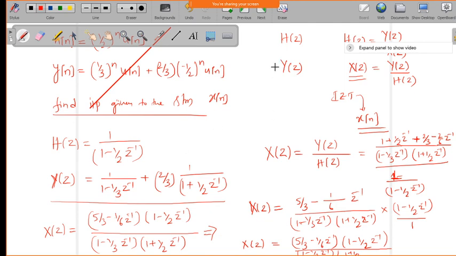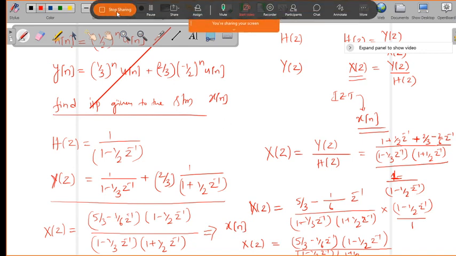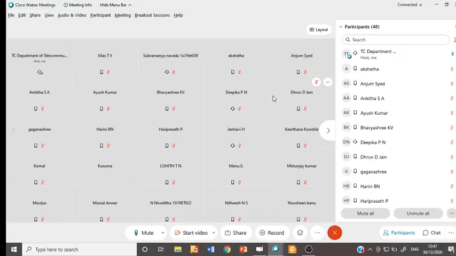Use the same thing and try to get the answer. Can you do it on your own and tell me the answer in the next class? We will see what answer comes.